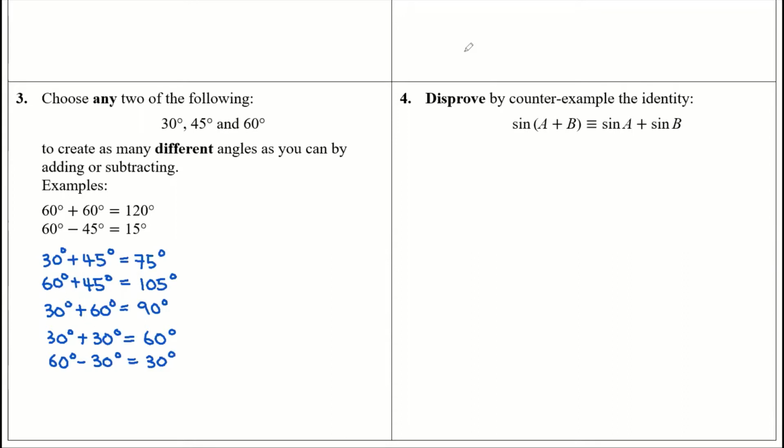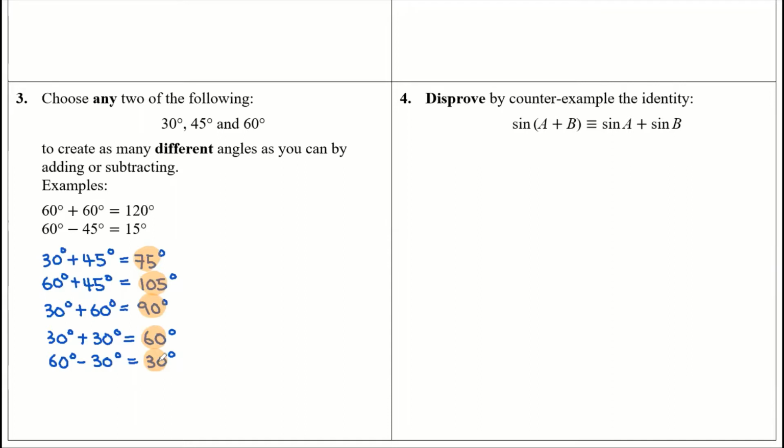So we've got 120, 15, 45, 105, 90, 60, and 30 there. The last 3, though, are quite standard angles, aren't they? They have trig values that we've been using for a while, so they should be recognizable.